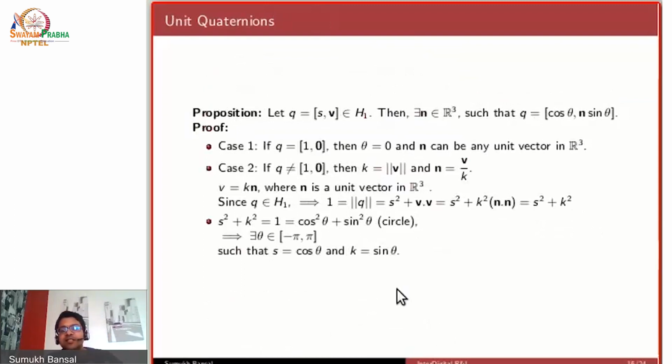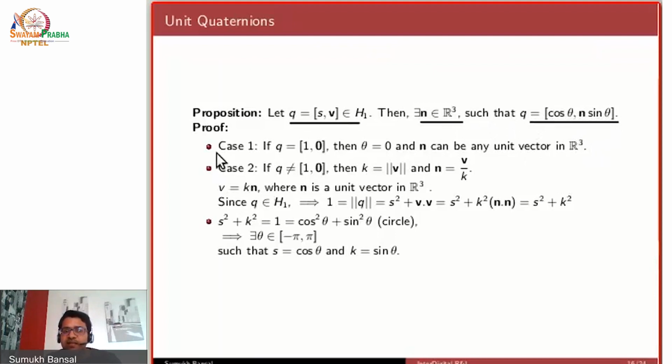Now, to understand the relation between rotation and quaternions, we are going to need two propositions. The first one says that for any unit quaternion Q, a vector n exists such that the quaternion can be represented by Q = (cos theta, n sin theta). So cos theta is the scalar component and n sin theta is the vector component.